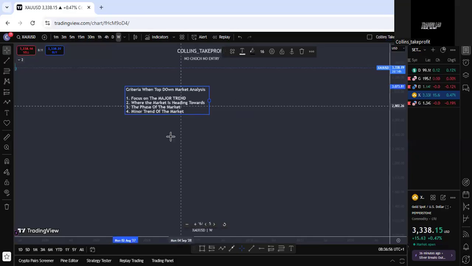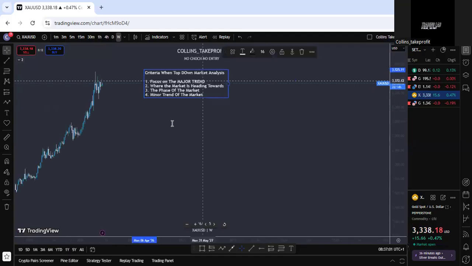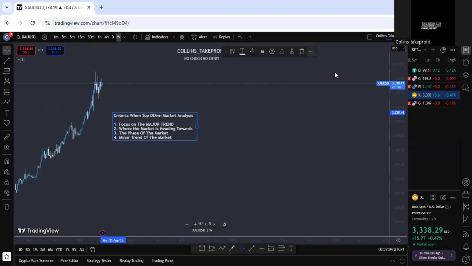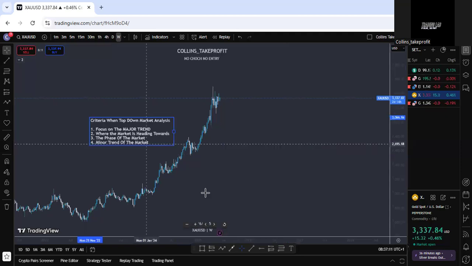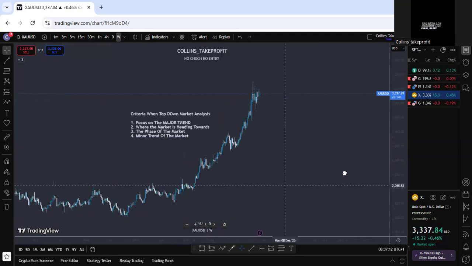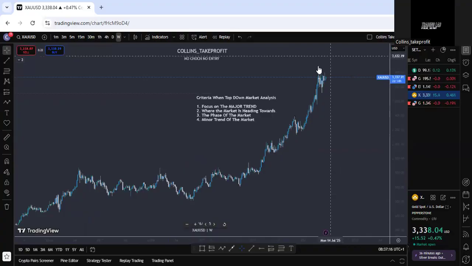So now, the focus on the major trend of the market is what we're going to get from our higher time frame. From the higher time frame, you have to understand that the market is what, moving bullish. The market has created an all-time high at 3,400.